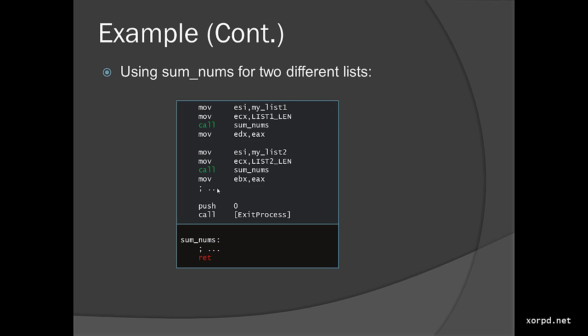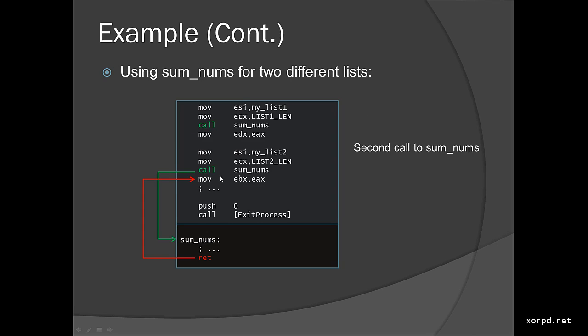But then comes the question, how come that Ret knows where to return? Basically, in the first call to SumNums, we call the SumNums function, and then Ret returns to the next instruction here, mov.